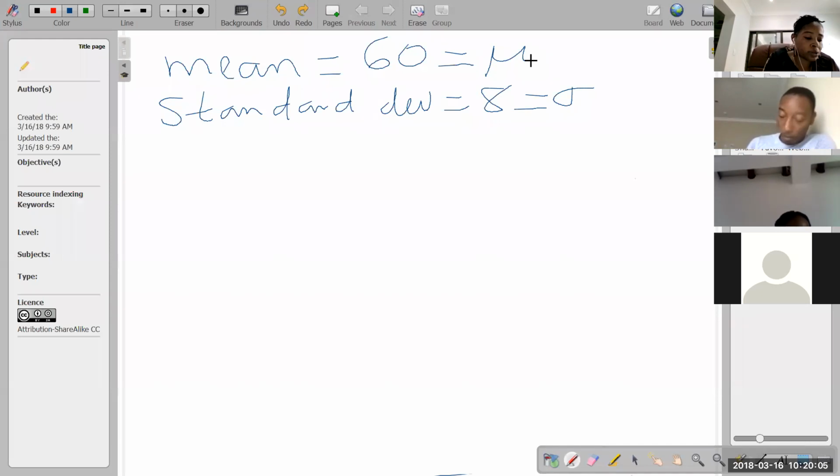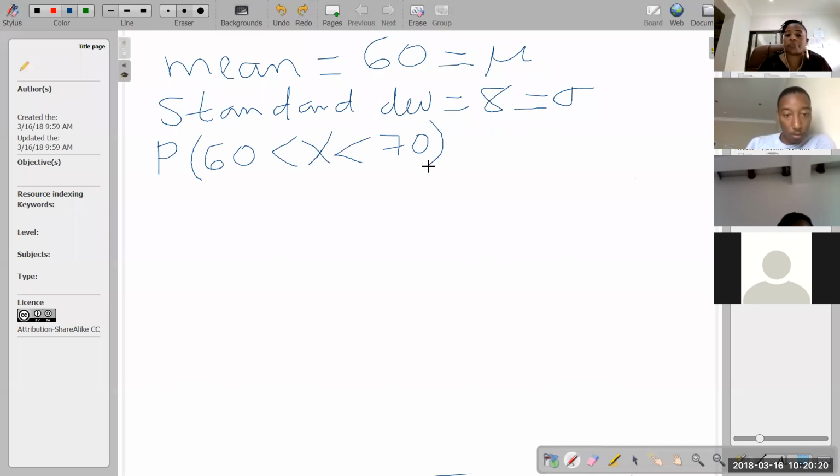We're asked to calculate the probability that x is between 60 and 70. Our formula for standardizing is z equals x minus mu over sigma.